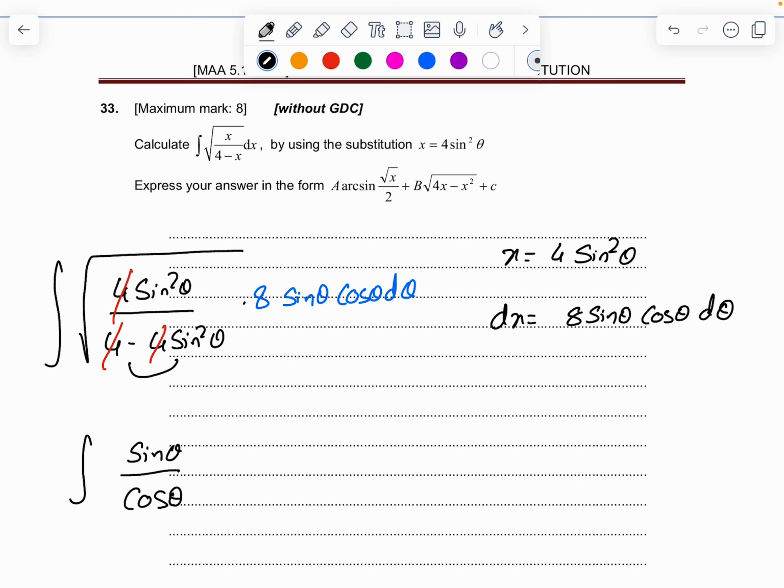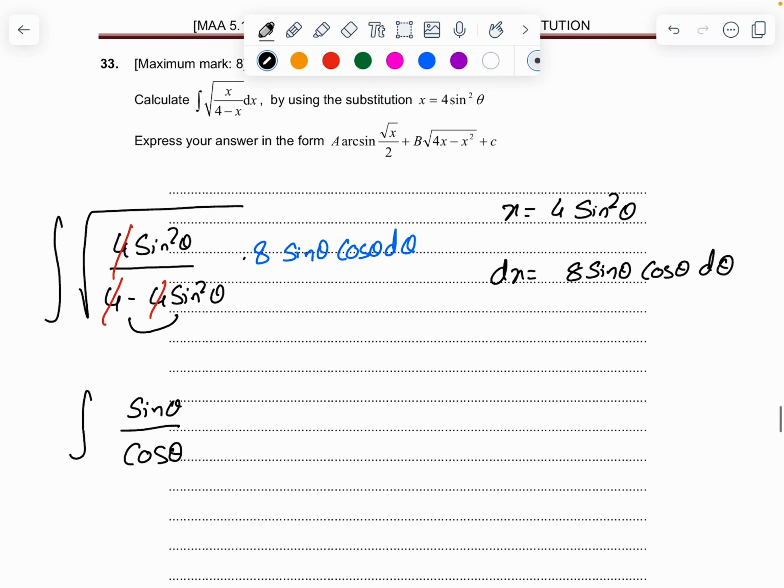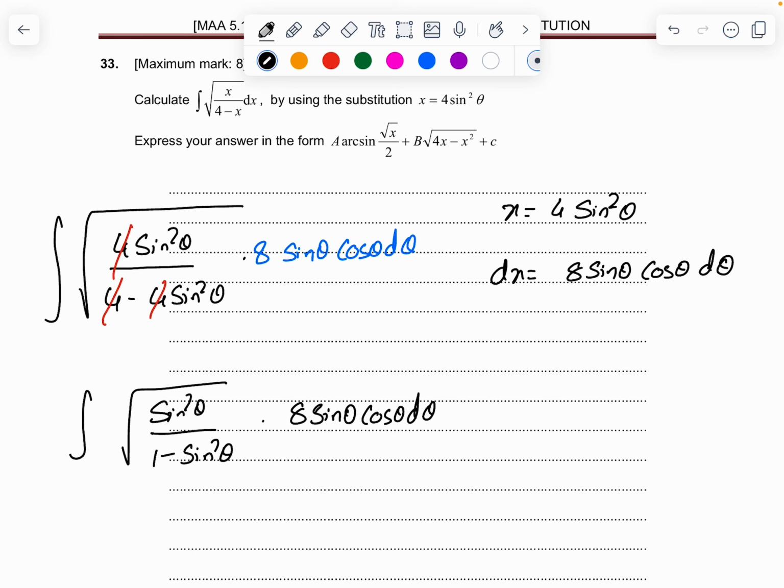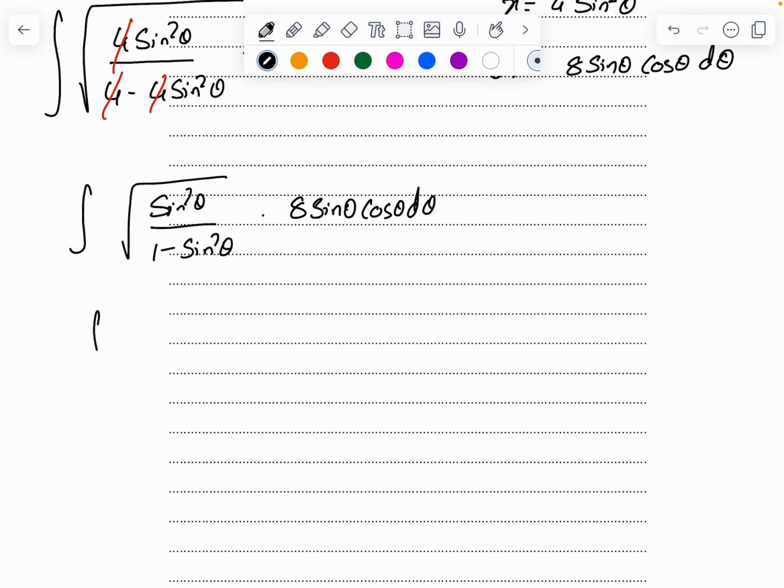Square root of cos square theta is cos theta. Or else I will write the steps over here. Square root of sine square theta divided by 1 minus sine square theta times 8 sine theta cos theta d theta. So square root of sine square theta by cos square theta.